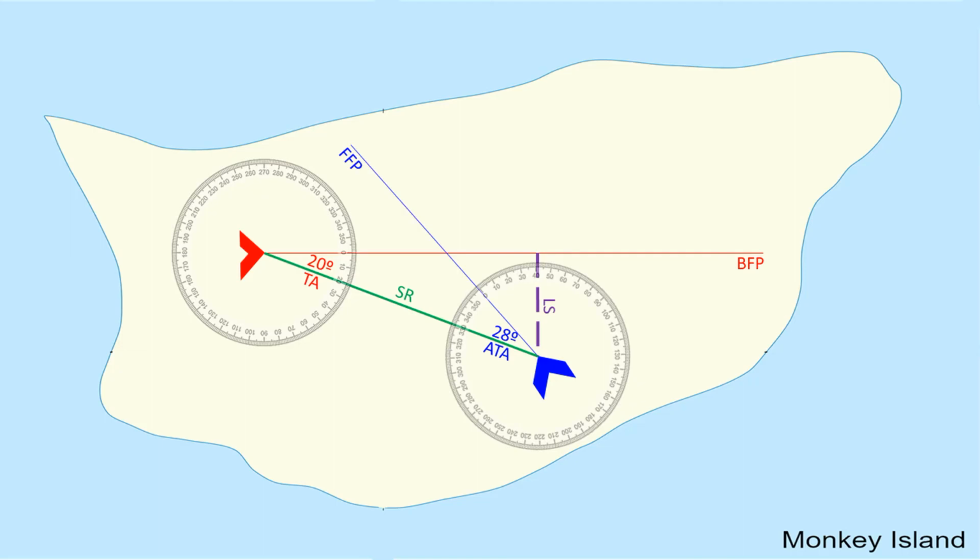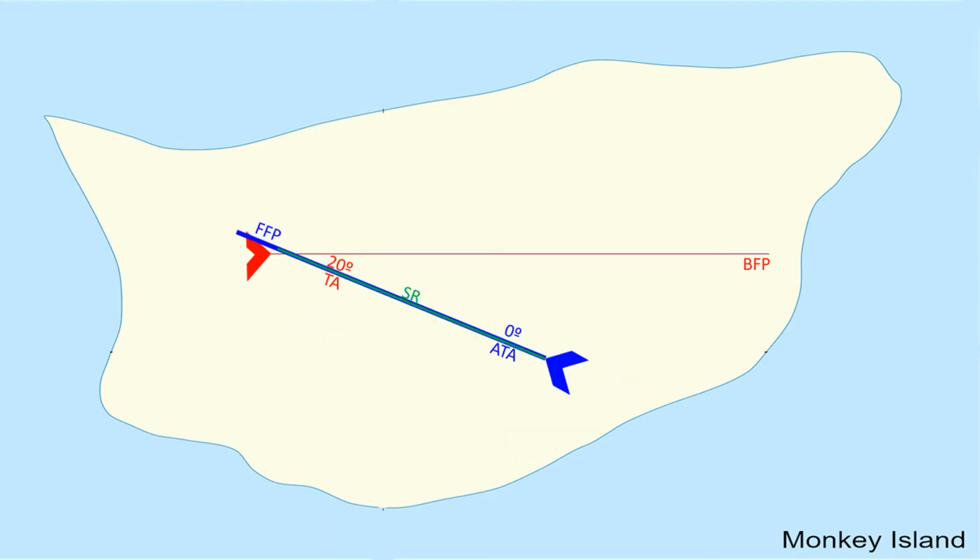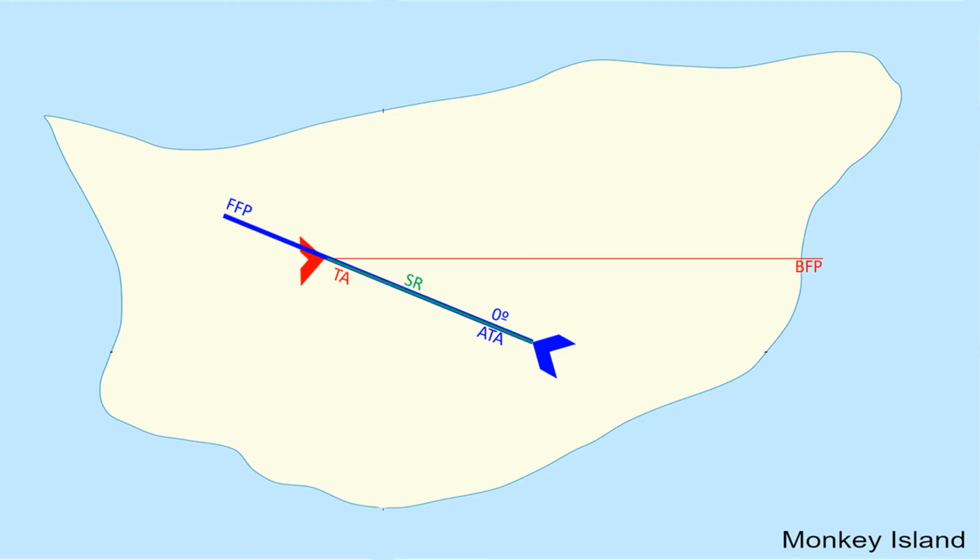So here we are over Monkey Island, and we can see the target aspect and the antenna train angle. We put our nose on their nose, we still have 20-degree target aspect. And as we approach them, we still see that 20 degrees of target aspect. It doesn't change.